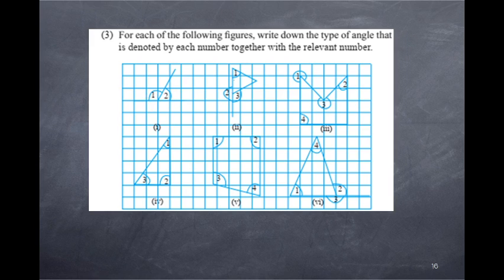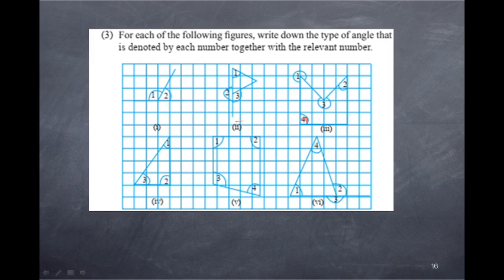Look at the second picture. The first one is an acute angle, the second one is a straight angle, the third one is an obtuse angle. Look at the third picture. The first one is a reflex angle, the second one is an acute angle, the third one is a reflex angle, and for the fourth one you can fit a square here, so it is a right angle.